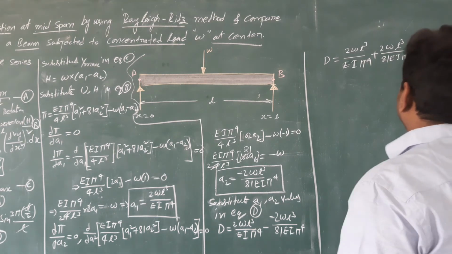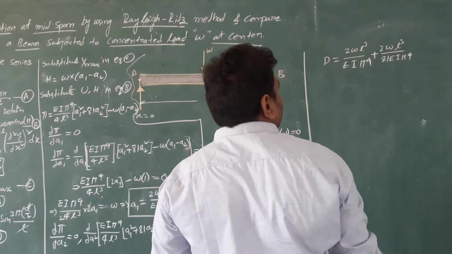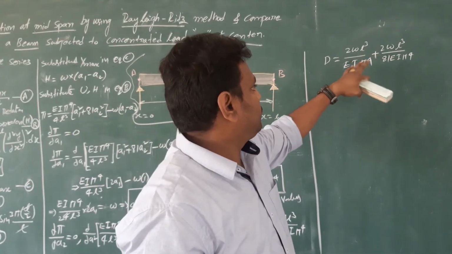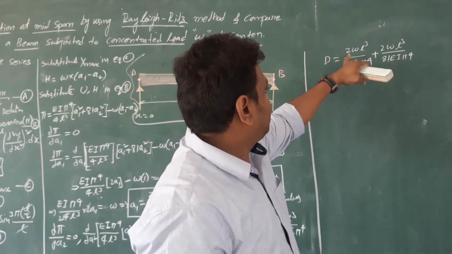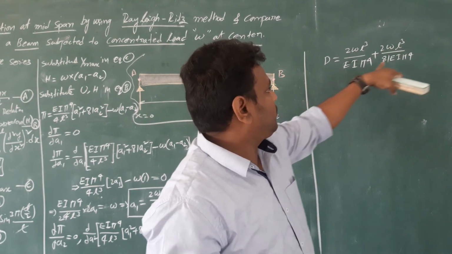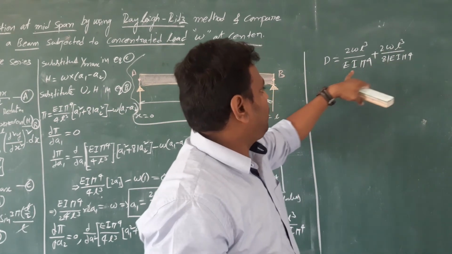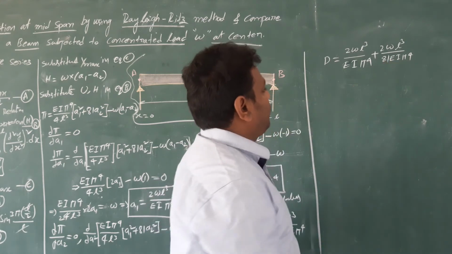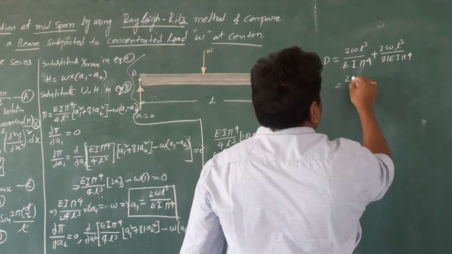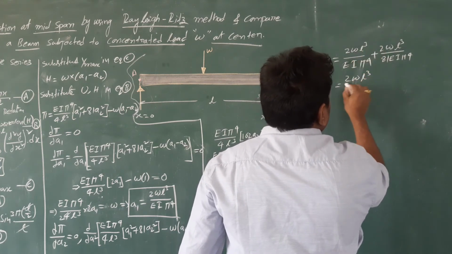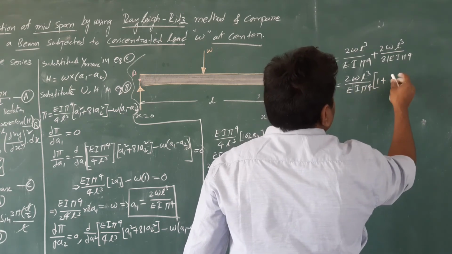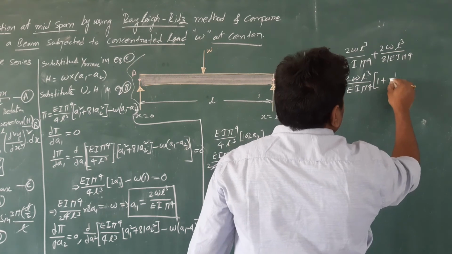So the common factor in the two terms is 2W, L cube, E and I, and pi power 4 are also there commonly. That's why I am writing outside: L cube divided by EI pi power 4 into 1 plus 1 by 81.